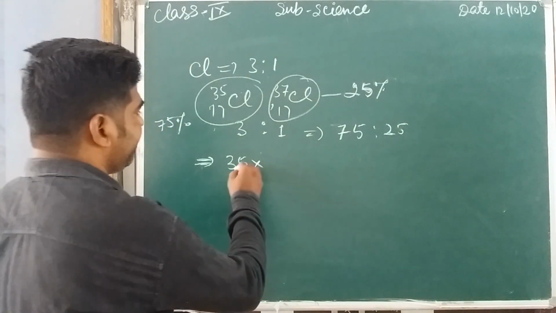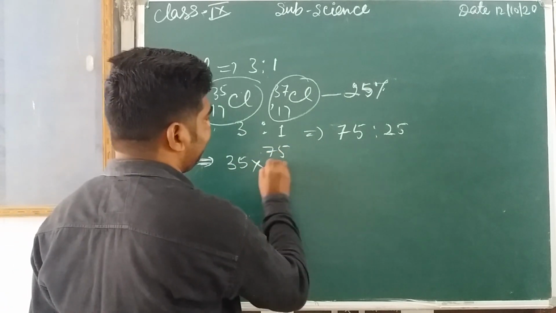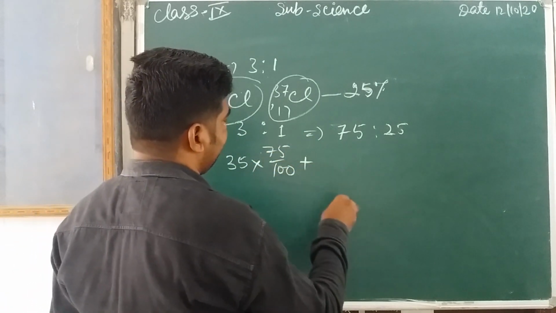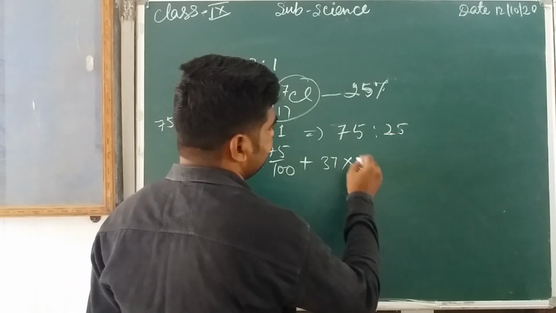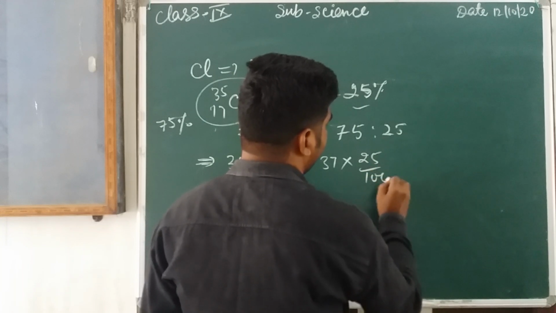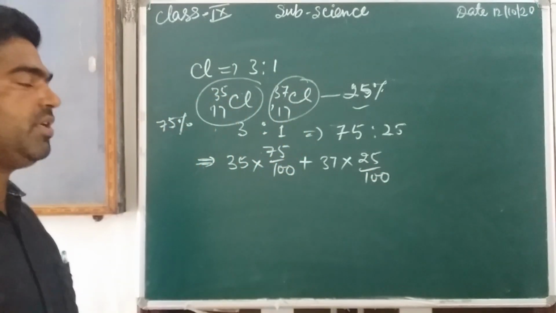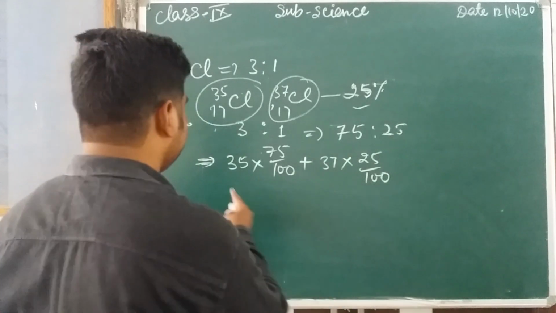So 35 multiplied by how much percent? 75%. So 75 by 100. And 37, how much percentage? 25%. So 25 divided by 100. Now you solve it. Then after solving you can add.